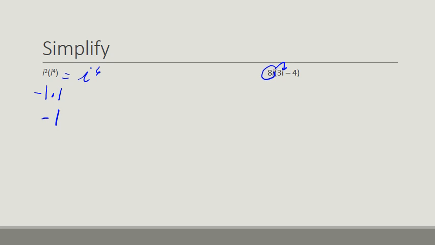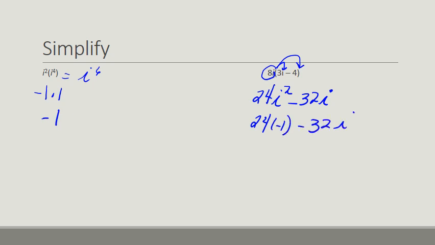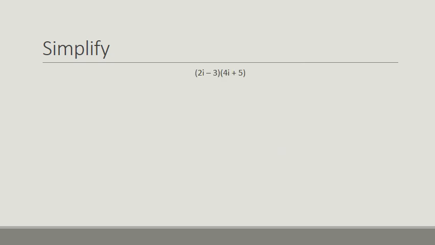So 8i times 3i is 24, following laws of exponents, i squared, and 8i times -4 is -32i. Now i squared is -1, so this is 24 times -1 minus 32i, or -24 minus 32i. Okay, that's how you multiply.